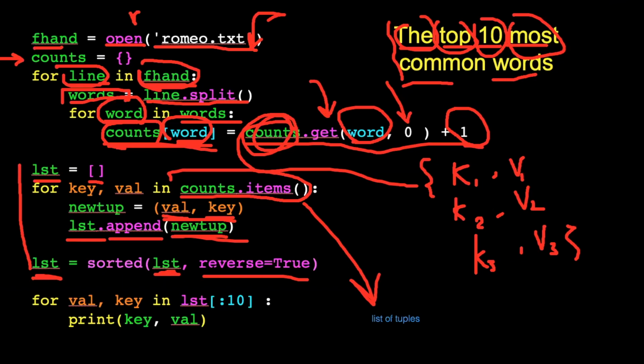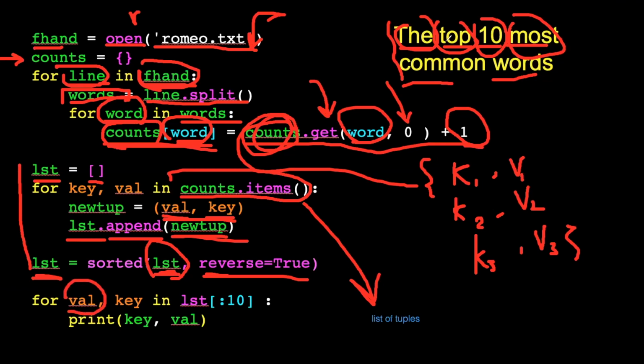Because you're doing a reverse. If you don't do reverse equals true, or by default reverse equals false, then you're going to have the smallest one first because everything is in ascending order. But because you're reversing it to be true, your largest value is going to be the first one.